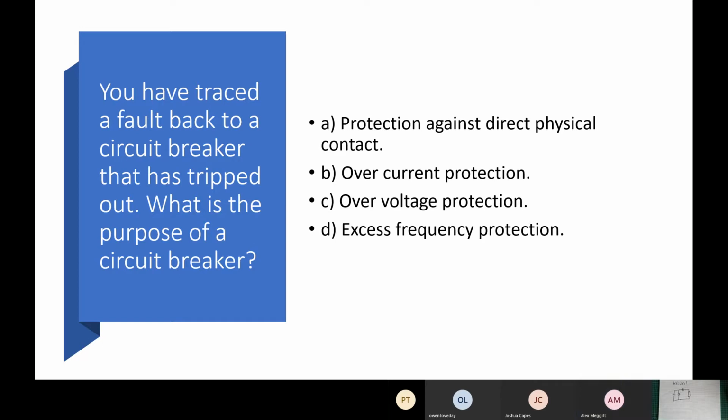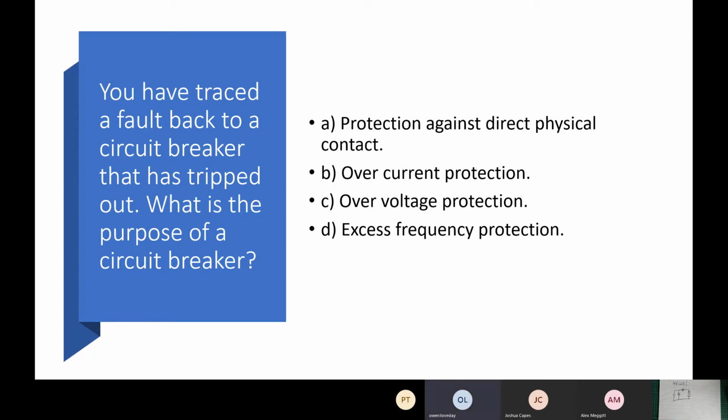No, you get a separate overvoltage protection device called a surge protection device. Oh, right, yeah. And excess frequency protection? No. The whole idea of a circuit breaker is to make sure that a maximum amount of current flows in a circuit. When we design our circuits so that they will actually trip the MCB, we call it the Zs.